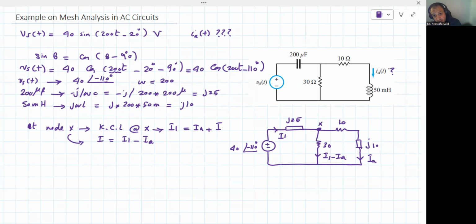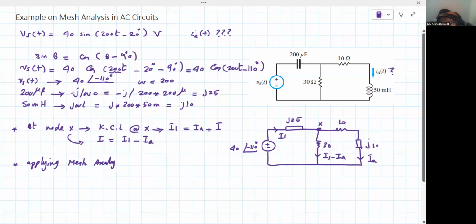Now let's apply mesh analysis. What do we do in mesh analysis? Basically, we apply Kirchhoff's voltage law in each loop we have in the circuit.